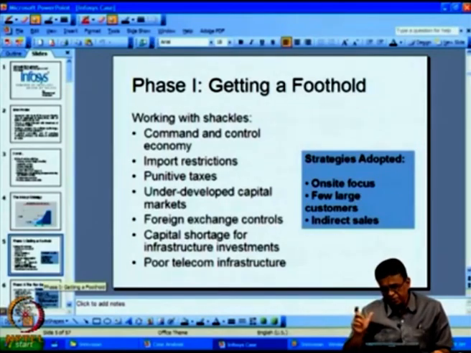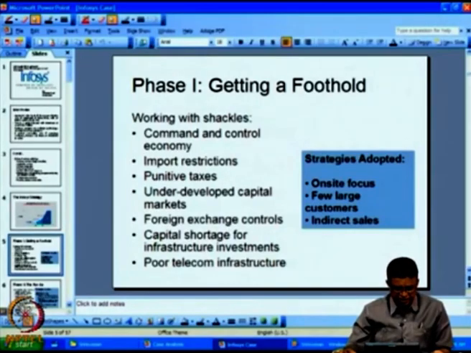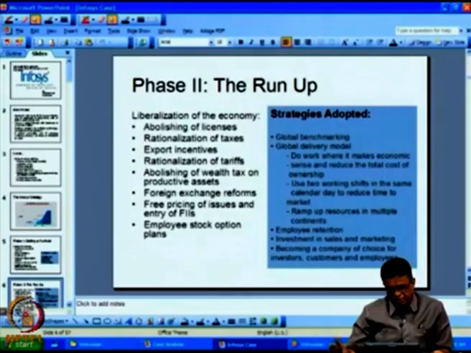Then what are the types of strategies the company adopted? It focused on on-site jobs, few large customers, indirect sales. So, this is the way the company went about in this stage of foothold. What about the run-up stage? The run-up stage was characterized by the liberalization of the economy.